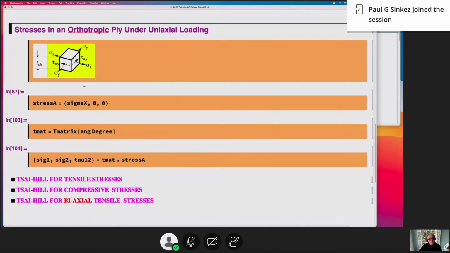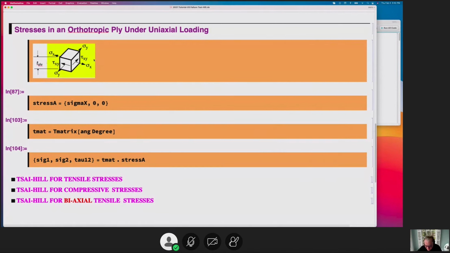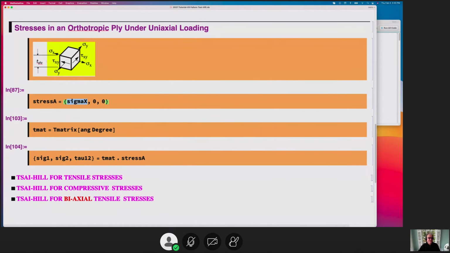This way, I'll be able to orient my fiber from the x and y direction and see what's happening along those fibers. So the stress state is not changing with my fiber orientation angle. I have the same stress state in my, let's say this is a uniaxial coupon, and I applied a given stress, say it's equal to sigma x. So stress A is sigma x.